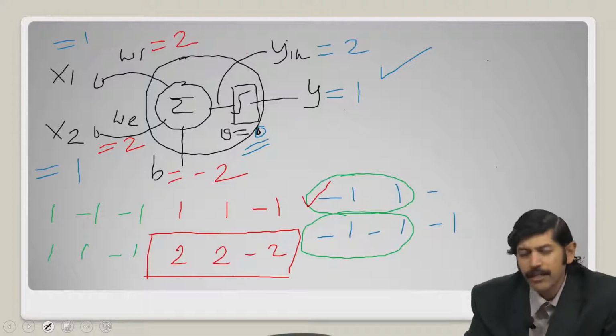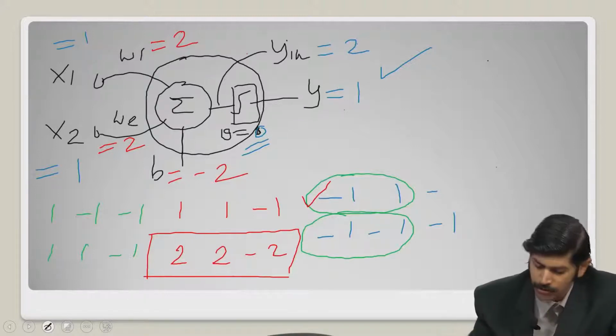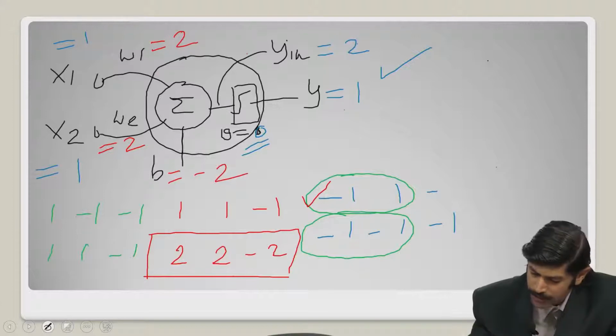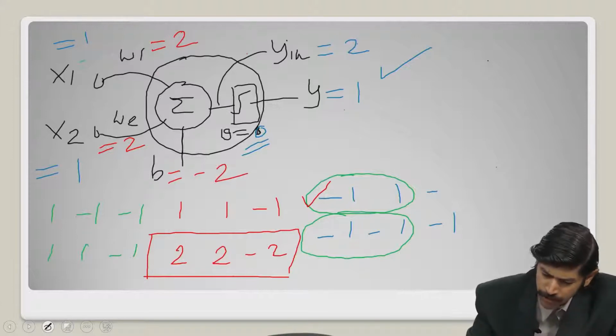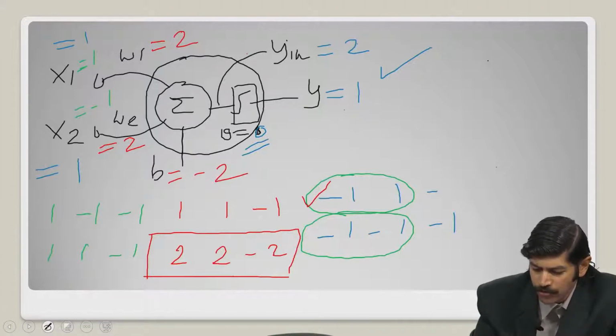Let us also very quickly verify another case when the expected output is minus 1, and I am talking about a case wherein x1 will be equal to 1 and x2 will be equal to minus 1. So when x1 is 1 and x2 is minus 1, what will be the value of y in? So 1 into 2 and minus 1 into 2, they will destroy each other, and the bias will be exactly equal to y of n.